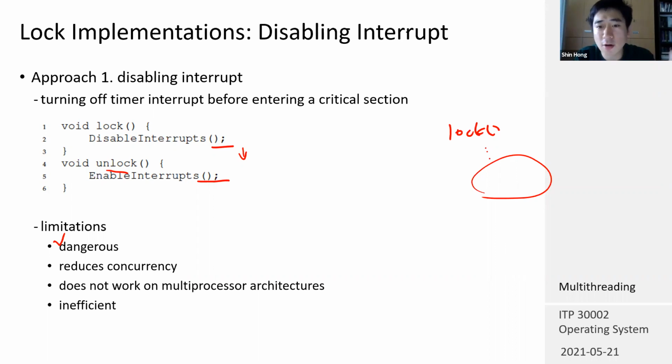But if interrupt is totally disabled, then the system is blocked indefinitely. There is always a possibility for a program to crash for different reasons, and there is always a possibility for a program to have a bug.